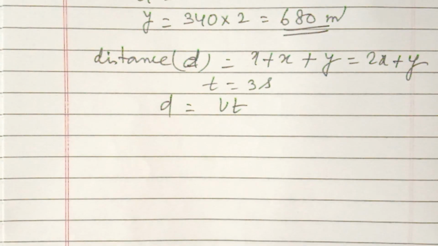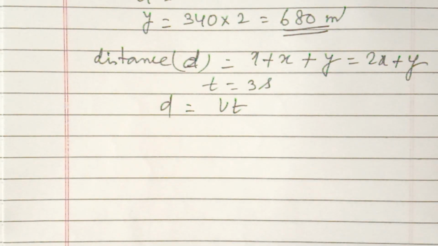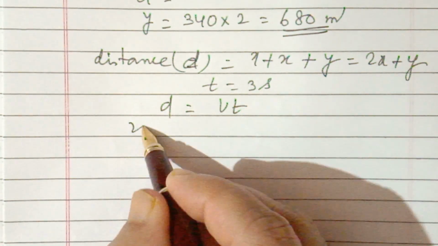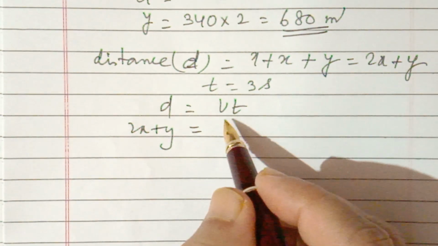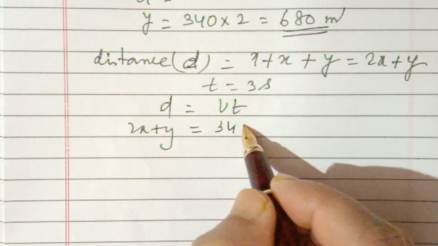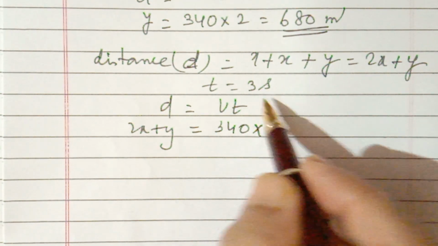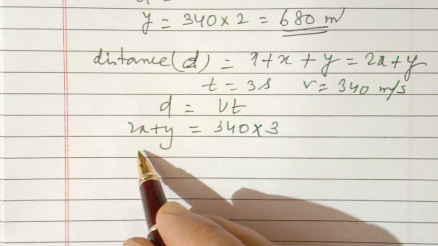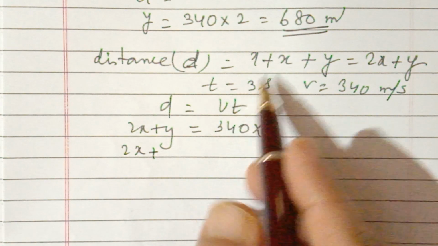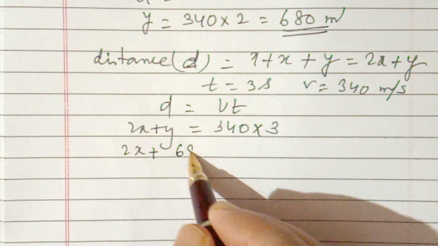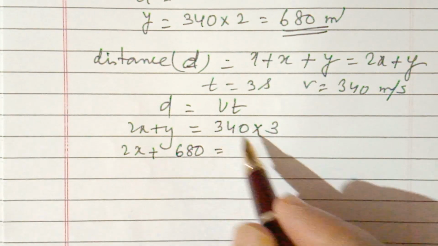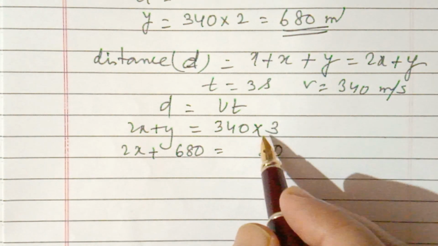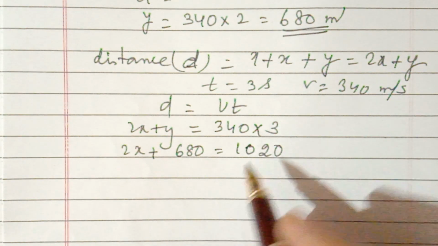So let us put the values in this and get the value of x. So d is 2x plus y, v is 340, t 3 seconds this time. Then 2x plus y, we have already got 680, equals 340 times 3, that is 1020.